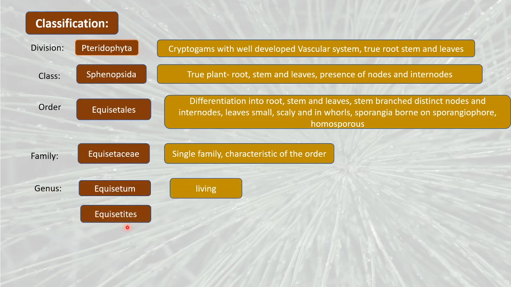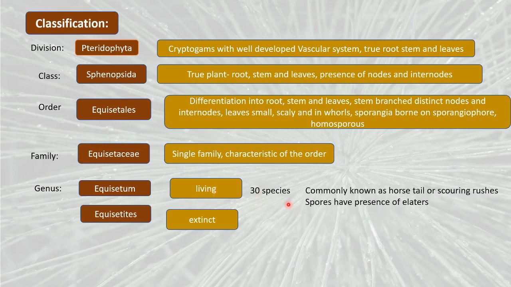But Equisetum is the only living member, whereas Equisetites is extinct. So we are going to learn about the genus Equisetum, which is living, and it has 30 species distributed all over the world, and these are commonly known as horsetail or scouring rushes.